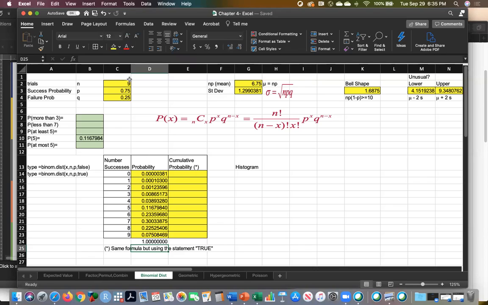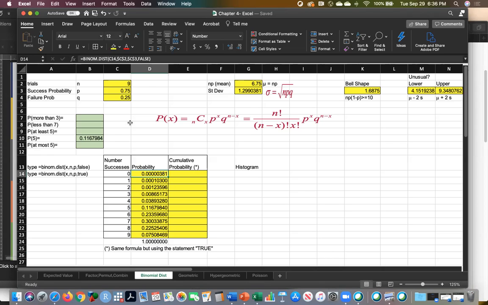So imagine I am a patient, and there are 9 surgeries. I am one of these surgeries. I don't know which number it is, but I want to know the probability that my surgery is going to be successful or not successful. So we have some probabilities attached to this.